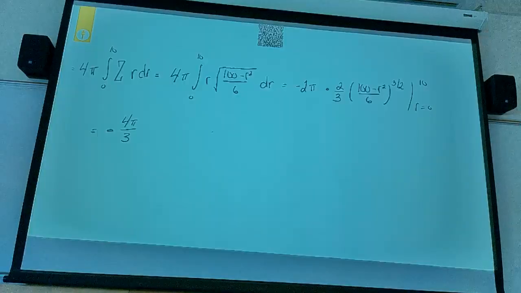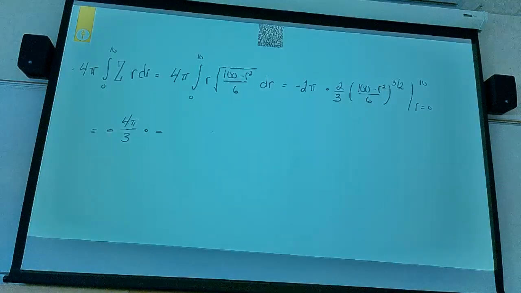Get a negative 4 pi over 3 times. Plug in 10 for R, you're going to get 0, right? Minus, plug in 0. You get 100 over 6 to the 3/2.